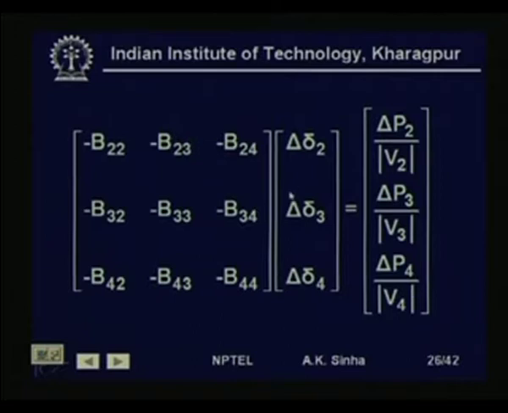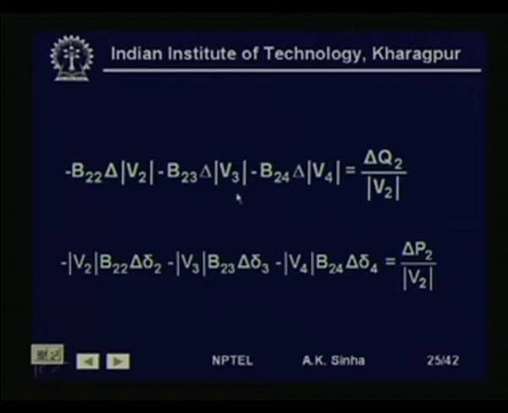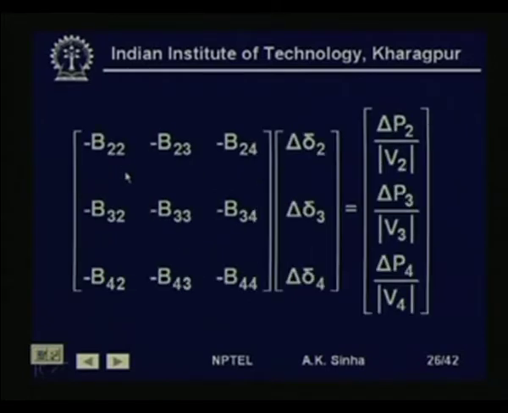So, from here we can now write this expression like this: minus B22 minus B23 minus B24 and so on into delta delta 2, delta delta 3, delta delta 4 is equal to delta P2 by V2, delta P3 by V3, delta P4 by V4 in this way.